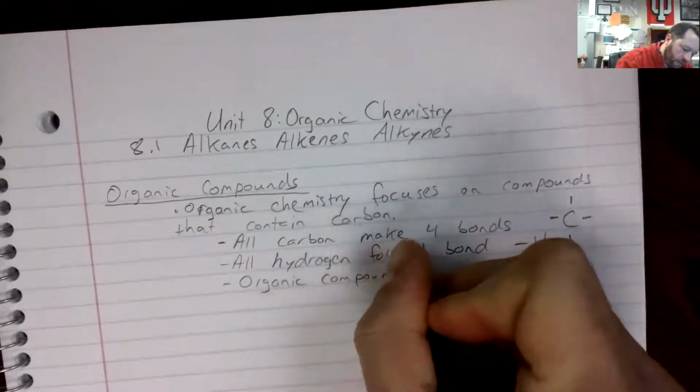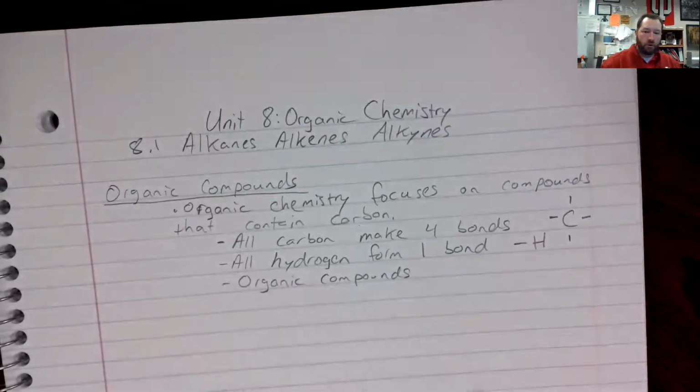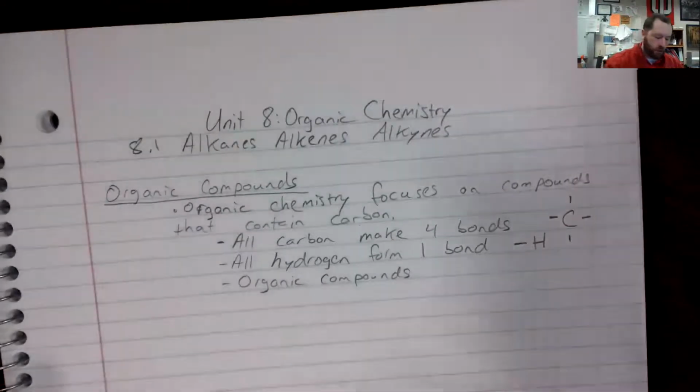All right, how this unit is set up is I'm going to give you a set of rules, and with those rules, you can apply and you start to build bigger and bigger items.